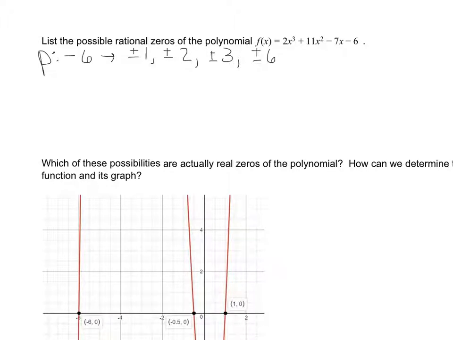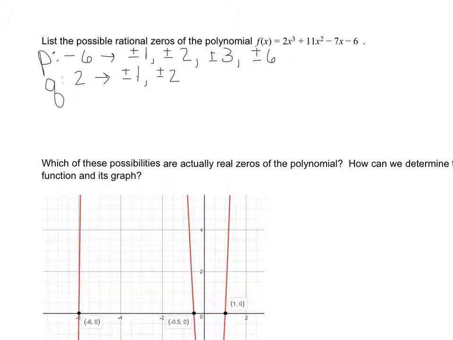Now we have to find the factors of q. So q is our leading coefficient, which in this case is 2. So the potential factors of 2, there are only 2 of them, both signs, positive and negative 1, and positive and negative 2.